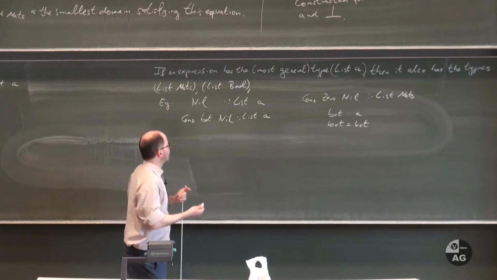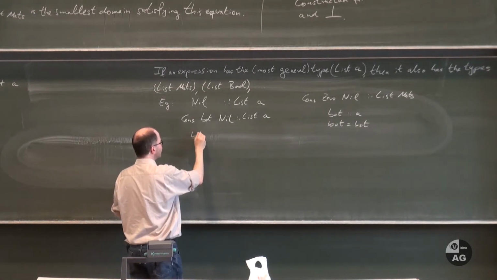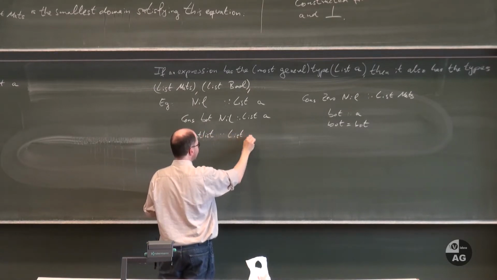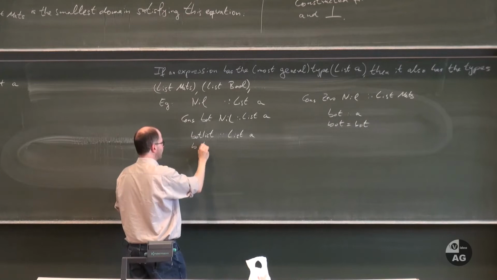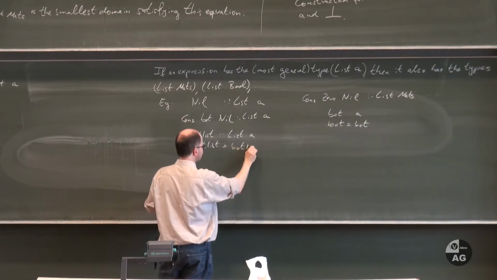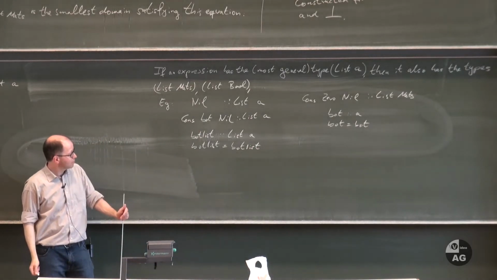Of course we could also say, if I say bot list has the type list A, and I define bot list equals bot list, well, this will have the type list A as well.